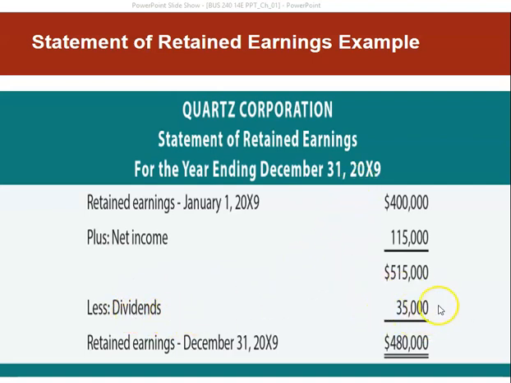In this case, it's $35,000. If we subtract the $35,000 from the $515,000, we come up with ending retained earnings on December 31st, 2019 of $480,000. So the formula is very simple. Beginning retained earnings plus net income minus dividends equals ending retained earnings.